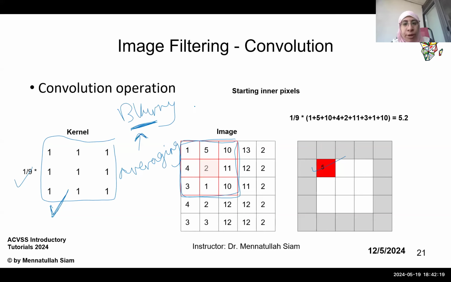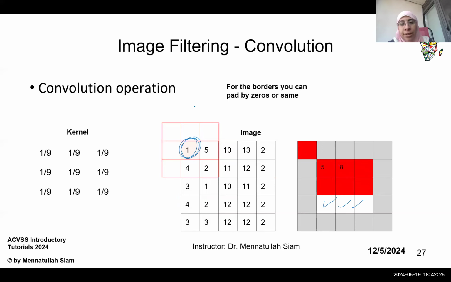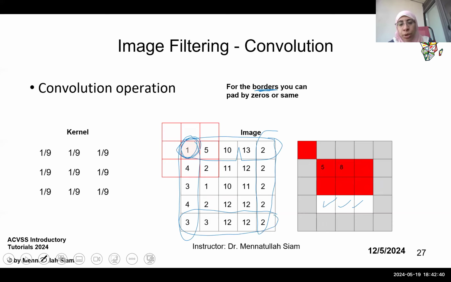Let me know if anyone has any issue with what that filter was doing. Okay, so the last step in the convolution, I just want to show you how we are going to handle the border pixels. We also need to know what pixels at the borders will do. Remember, these are the borders that I ignored. There are two mechanisms to do it.